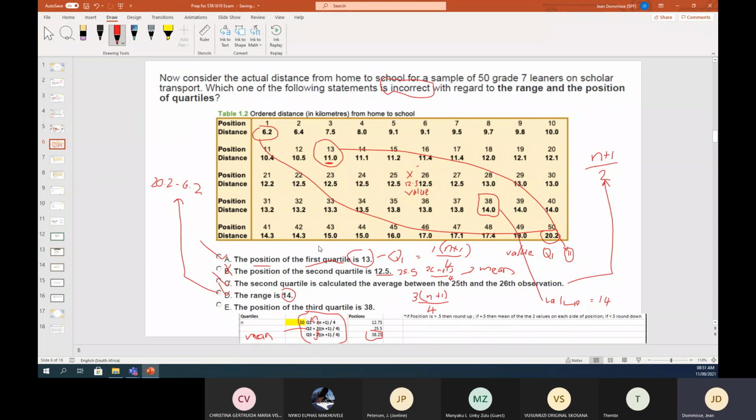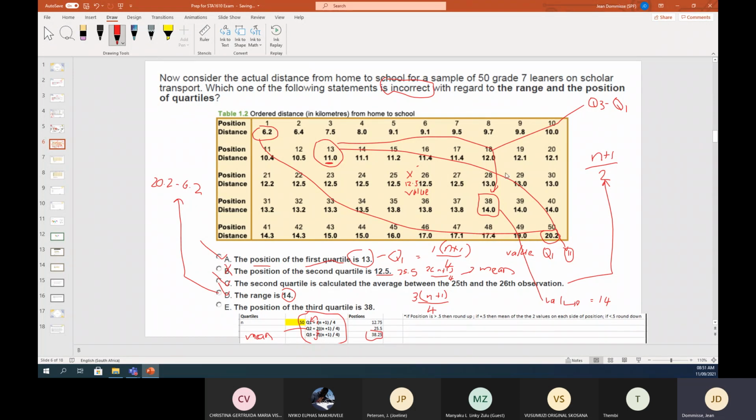Yes, the difference between range and interquartile range. Let's look at this one. Your interquartile range is the difference between Q3 and Q1. If there was a question around the interquartile range, it's basically what's the range between the two quartiles.